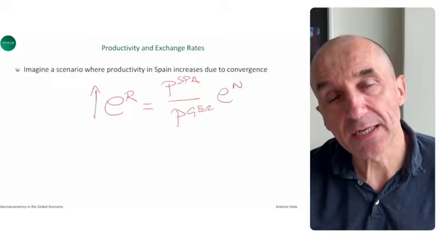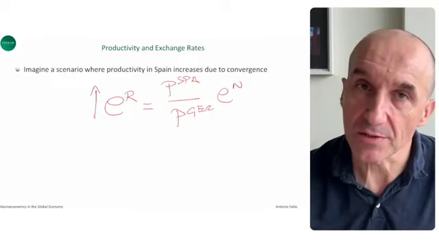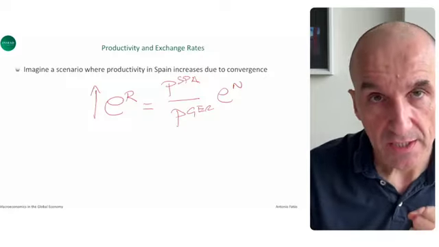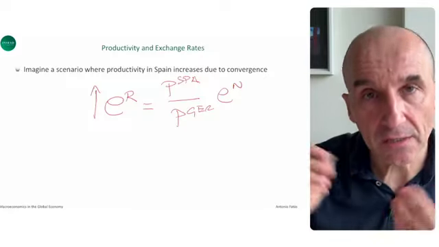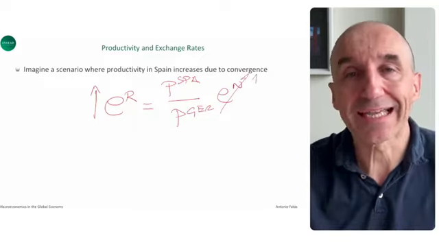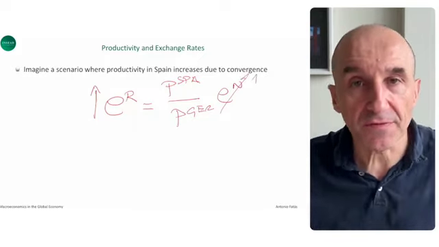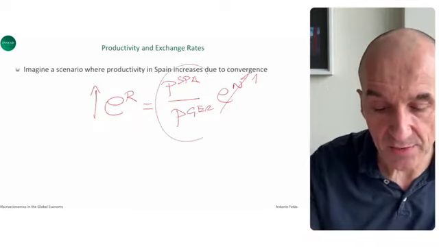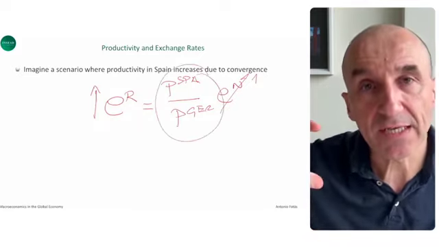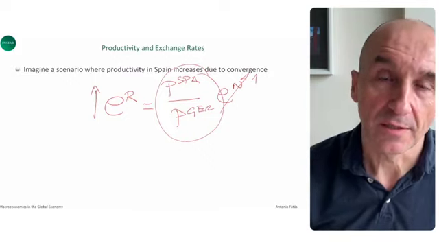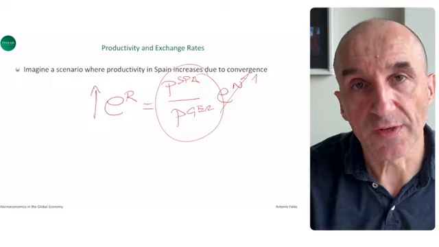Now, in this particular example, there's a very easy answer because I've chosen two countries that share a currency. So the number that says EN, the nominal exchange rate, is always 1. There's no exchange rate, in fact, so that number is fixed at 1. So what has to happen if you stare at that ratio is that prices in Spain are moving faster than in Germany. Now, we can say that using the word inflation.